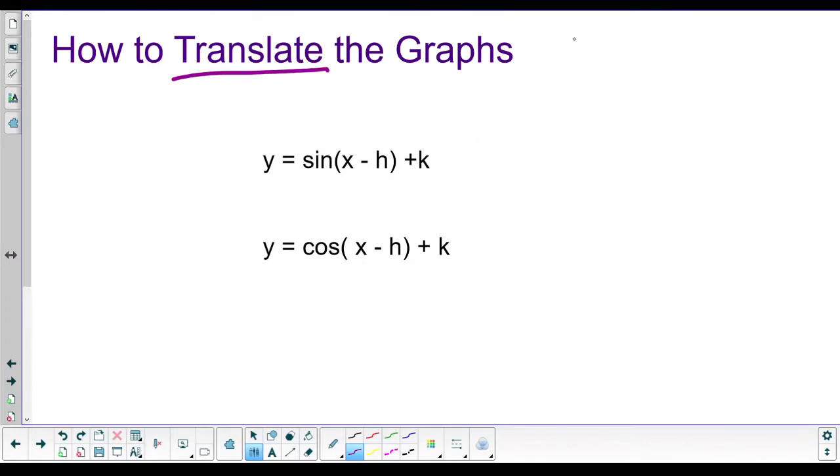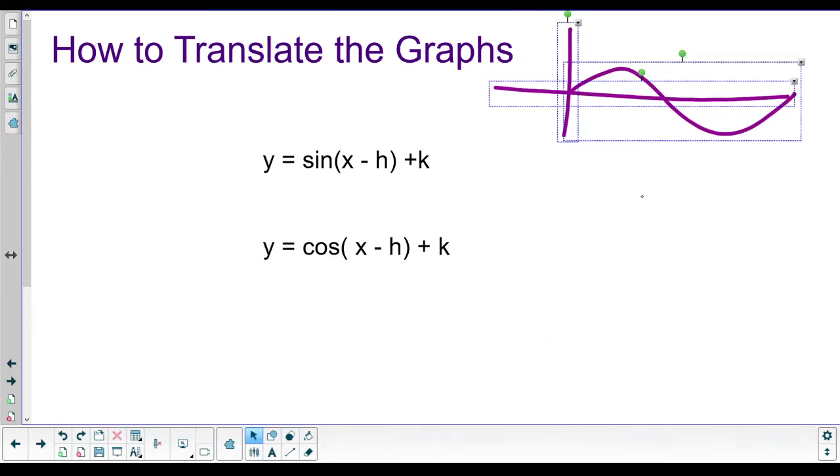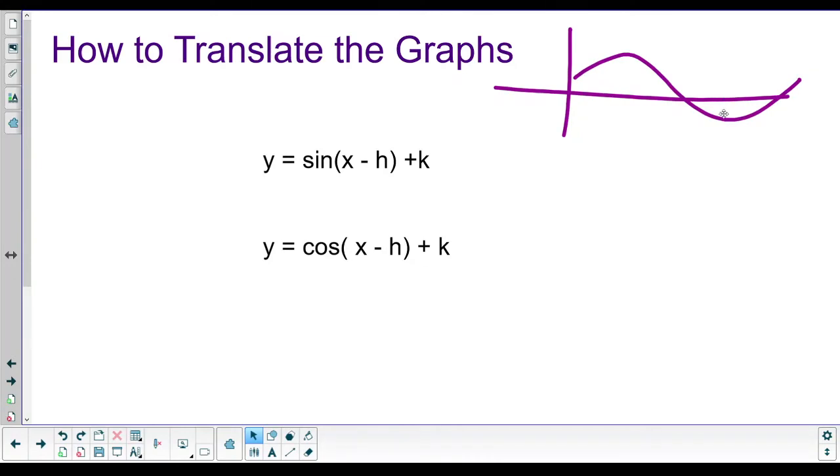We're not going to stretch it out and make it like really tall like this. These are so ugly. Oh my gosh, why are my sines so pointy? But what we're going to do is take our regular sine graph and maybe shift it up so that it's always positive.